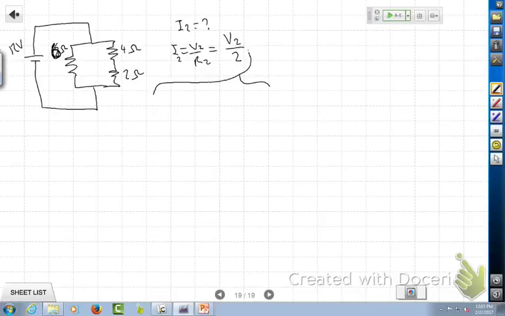So then I say, oh, well, okay. And now there's a whole bunch of ways I can go. I can say, okay, then my voltage across the 2 is equal to my EMF minus my voltage across the 4.